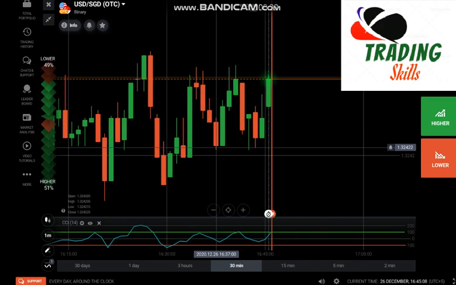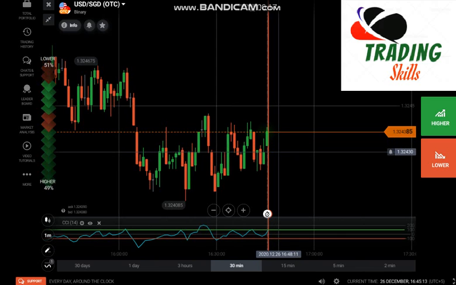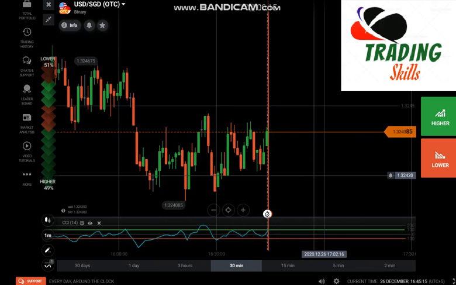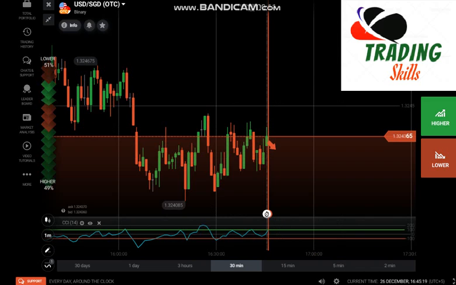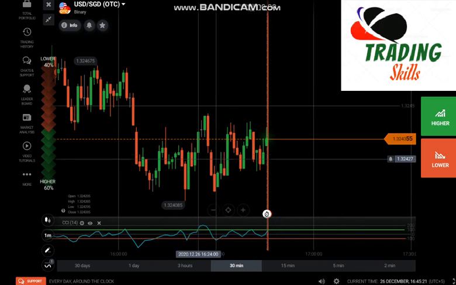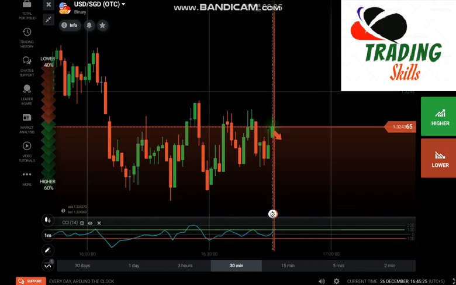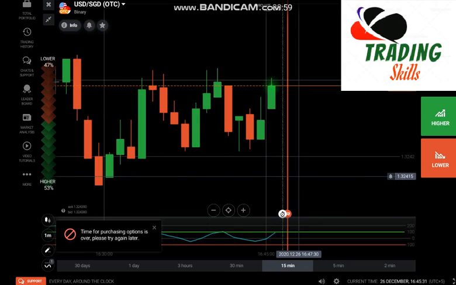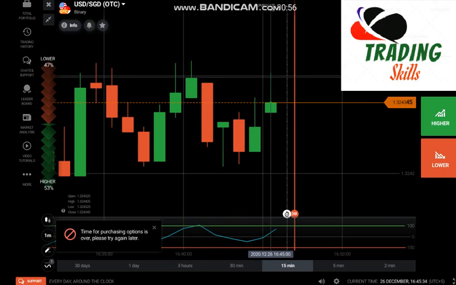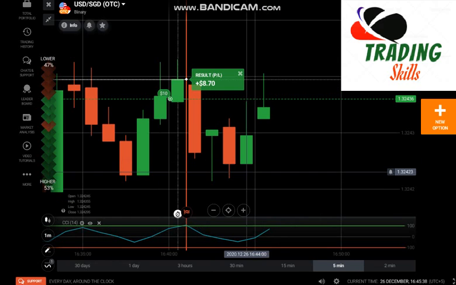Okay, so if I need to analyze the market here, I will not take any kind of risk. If the candle goes up, I will take some kind of trade. Okay, I'm late here, no issues. Now you can see the market is getting the rejection.